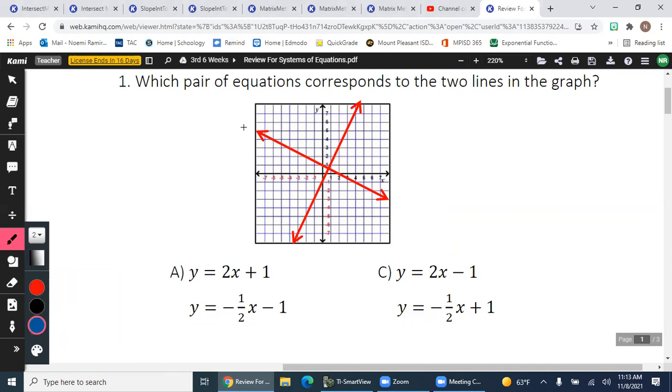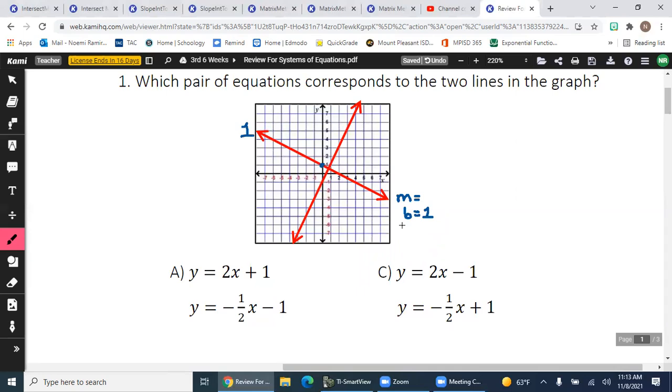So I'm just going to number this as line 1. This is going to be my line 1 right here, and I want to find m and b. The easiest point to find on a line is b, and I notice that it is a positive 1.